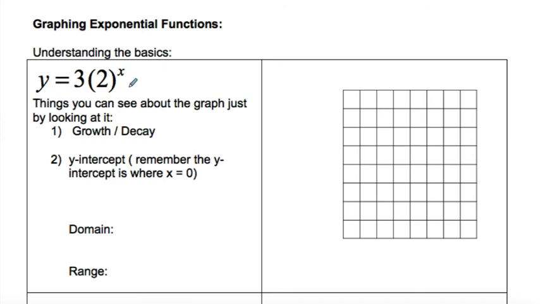Okay, but here's a really good example of an exponential function in the form y equals a b to the x. Okay, so first we're going to look at b. B tells me if it's growth or decay. And we said that if b was greater than 1, it's growth.